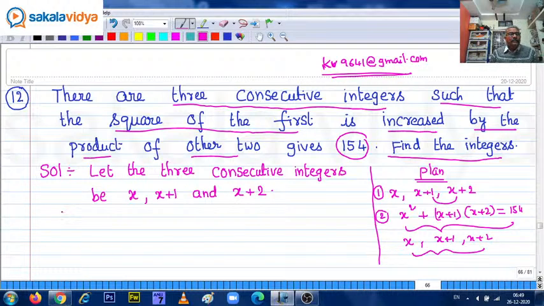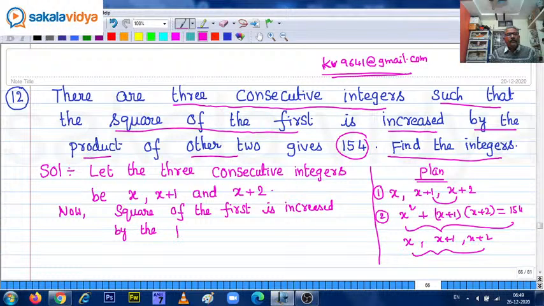Right. So the square of the first is increased by the product of the other two equals x square plus (x + 1)(x + 2).